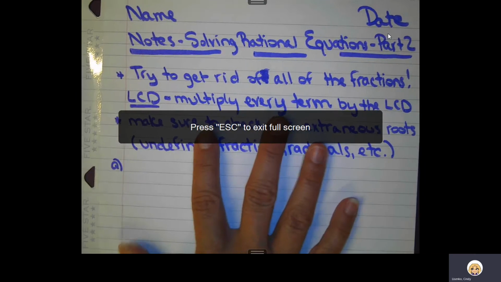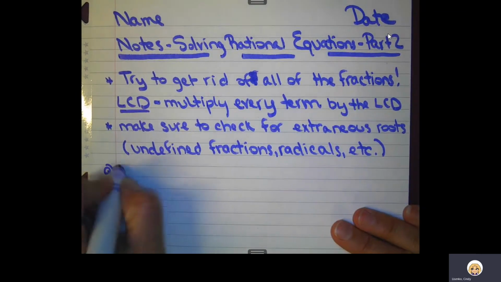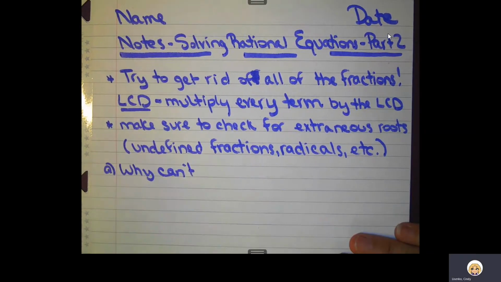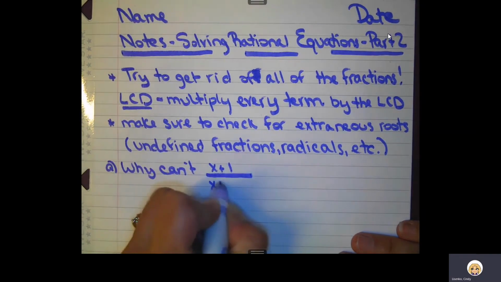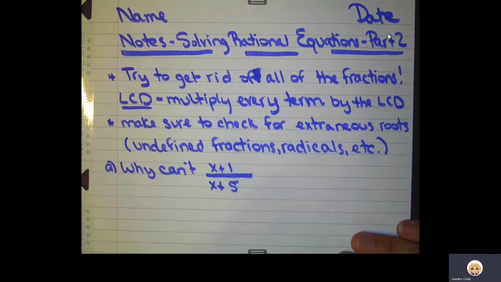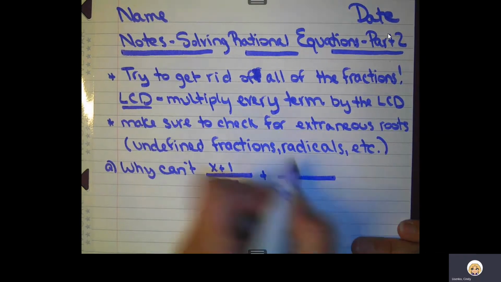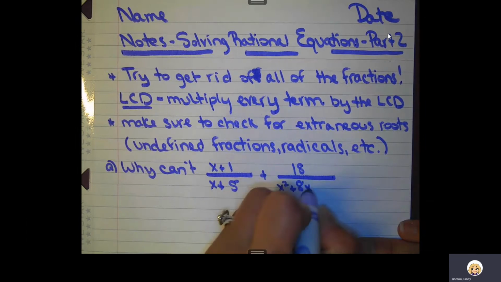Okay. So what I want to do is just have a question talking about undefined. So can you write, I'm going to have you write an equation. So our first fraction is going to be x plus 1 over x plus 5. Next to that is a plus sign. Then another fraction, we're going to have 18 over x squared plus 8x plus 15.